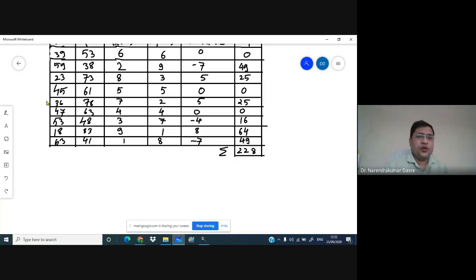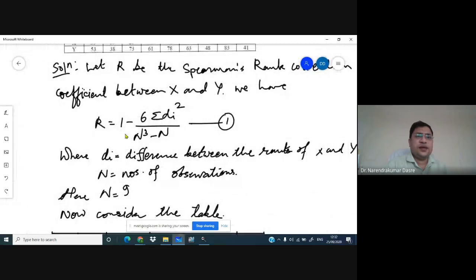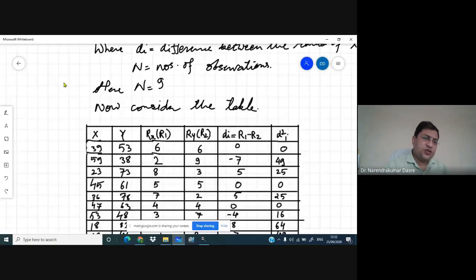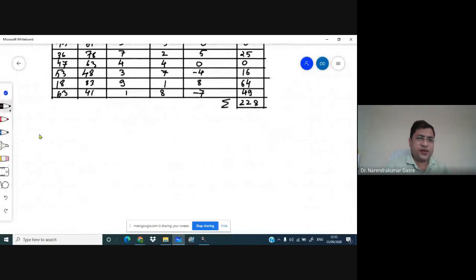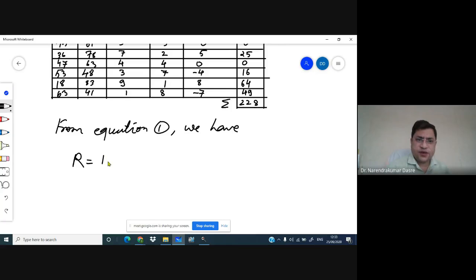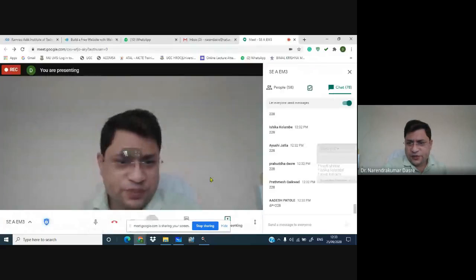Once you know the summation, then we are able to use the formula. So from equation 1, we write capital R is equal to 1 minus 6 times the summation, and here you will be having 9 cube minus 9. Please calculate this value.